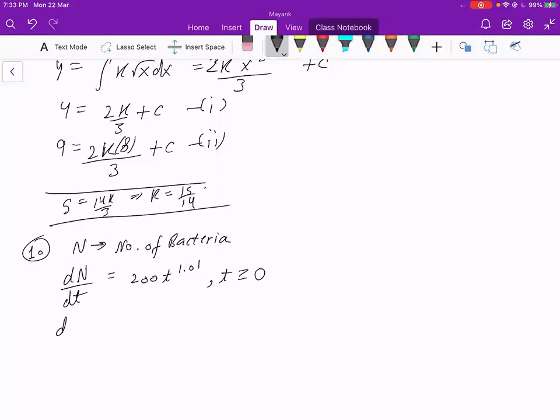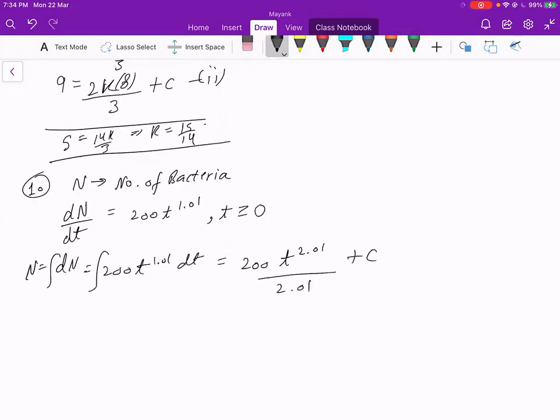So if you were to find N, that will just be integral of dN is 200 t to the power 1.01 dt. And now it's pretty straightforward. t to the 1.01 is just a power, so you can just add 1 to that. You get t to the 2.01 by 2.01 plus some constant C. They have also given the initial number of bacteria.